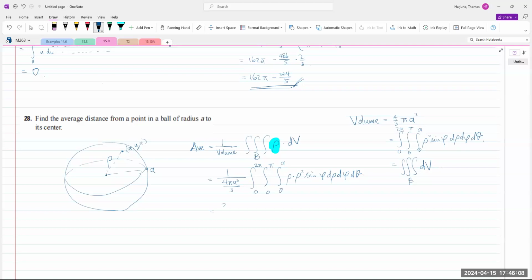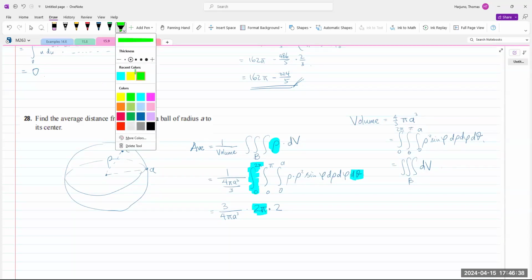Okay, so this is 3 over 4 pi a cubed times 2 pi times 2. The 2 pi comes from here, as usual. But I want you to think a little bit how I get these two.